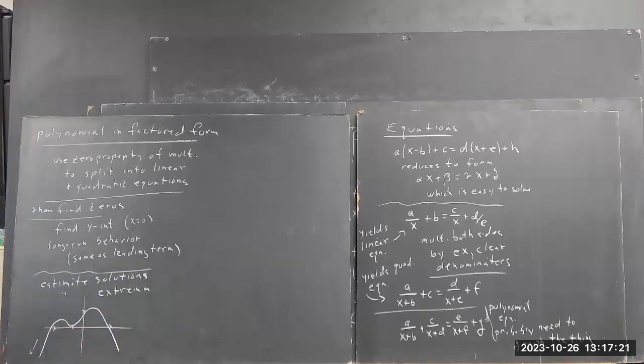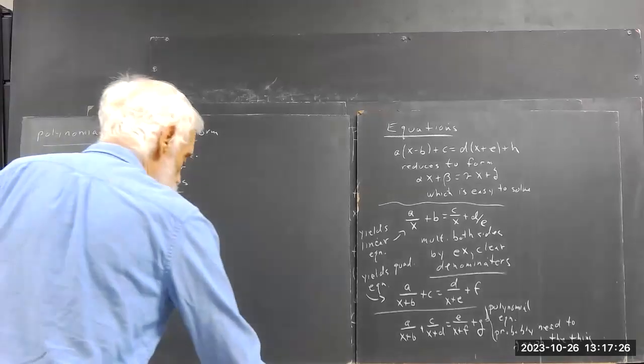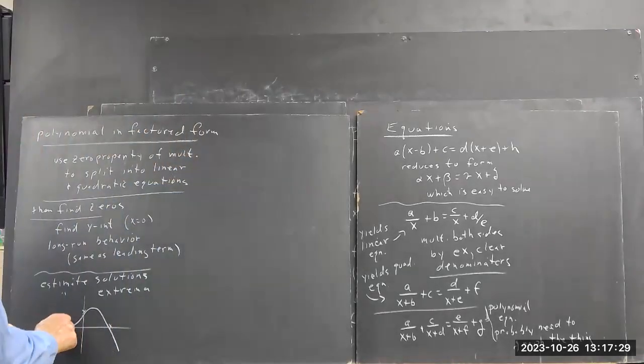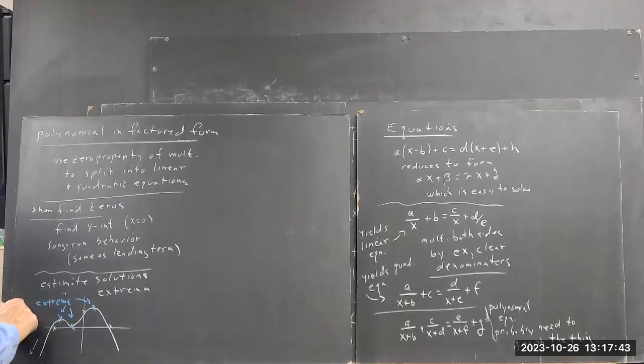If this is your polynomial, then there are your relative extrema. I'll abbreviate the word relative. The zeros, of course, are on the x-axis. And this extremum is one of the zeros.